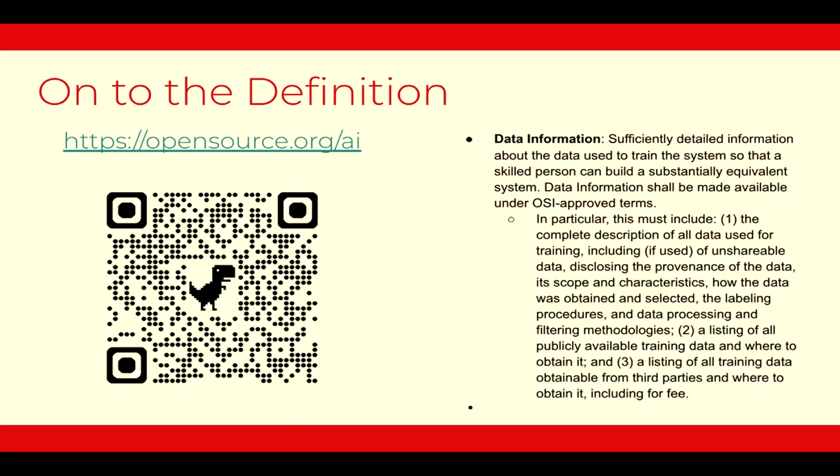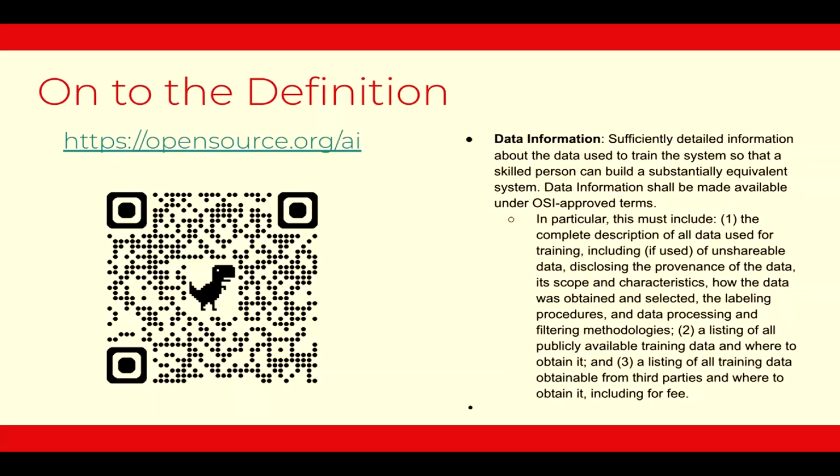Now you can make some philosophical arguments about whether those are sufficient to keep that from being an open AI. They're trying to make a pragmatic choice that allows companies to make an open AI so long as they sufficiently describe the data so that you could take similar data obtained from different sources and hopefully come up with something similar.